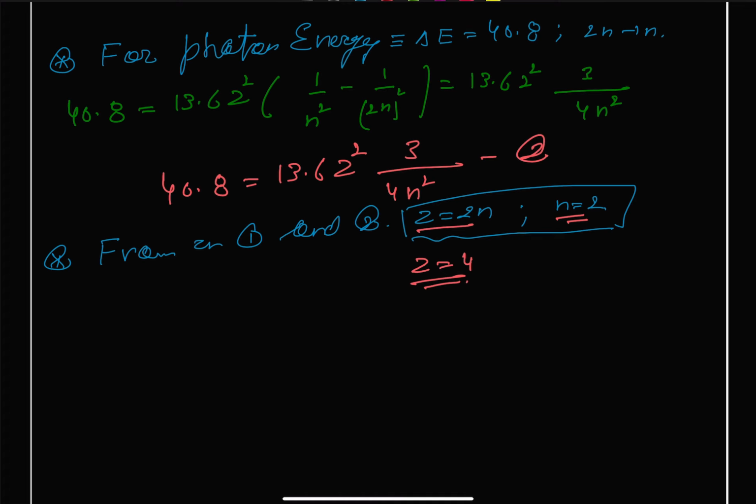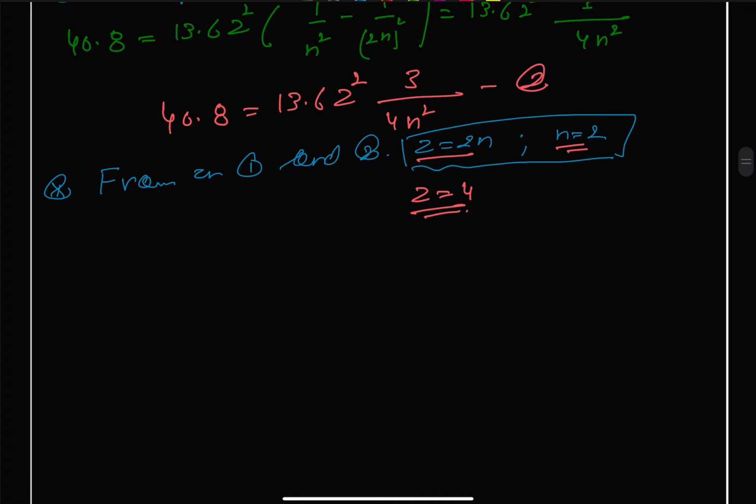And from here we can find out the ground state energy. Ground state energy, we can call this E1, will be equal to, with n equal to 1, minus 13.6 Z square over 1 square.